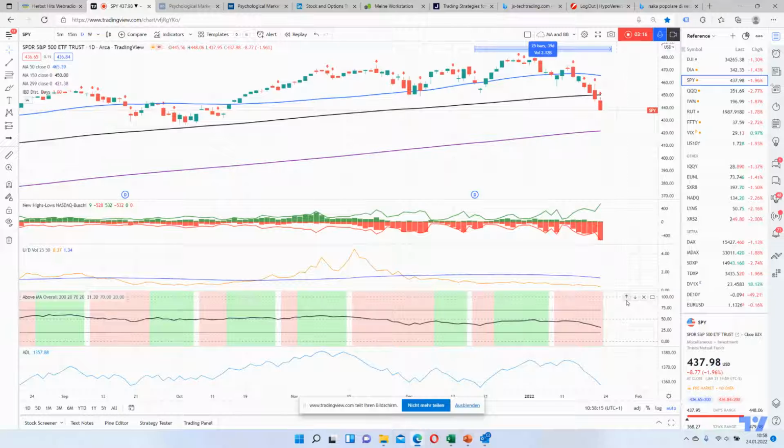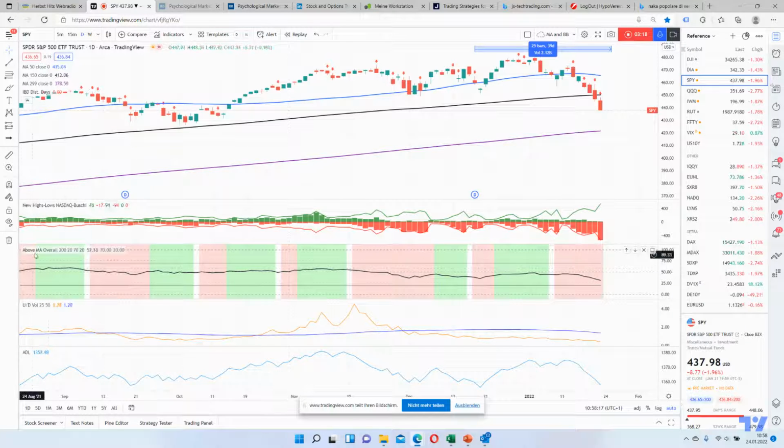The next one is the number of stocks that are above or below their own 200-day moving average. In the ideal case, in a good market environment, this trend line is first of all higher than 50% and is trending upwards.